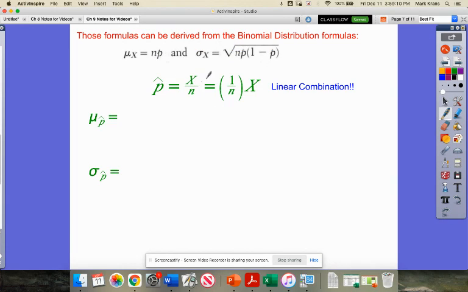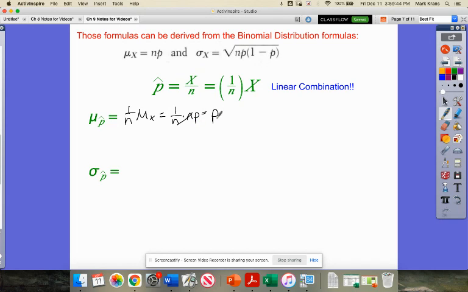And p hat is all my successes, x, divided by how many people there were. This is counting the number of successes divided by how many, which gets me my p hat, which is just 1/nth times my random variable x, a linear combination. So if I do 1/nth of x, it'll be 1 over n times mu of x, which is 1 over n times np, which is just p.